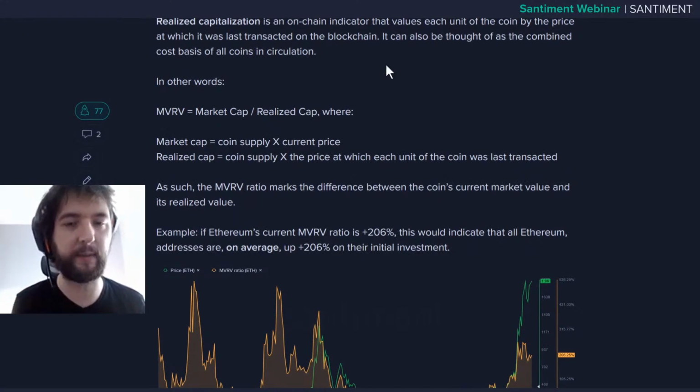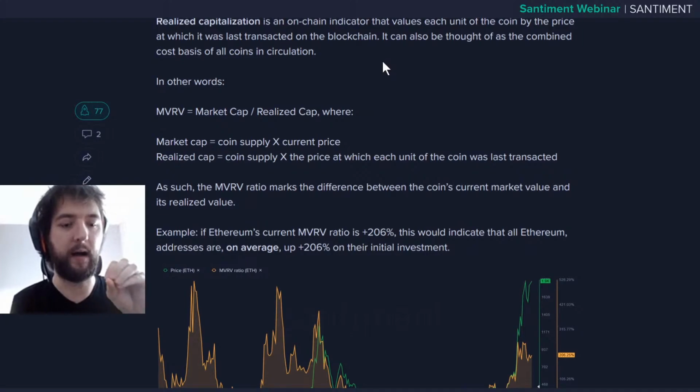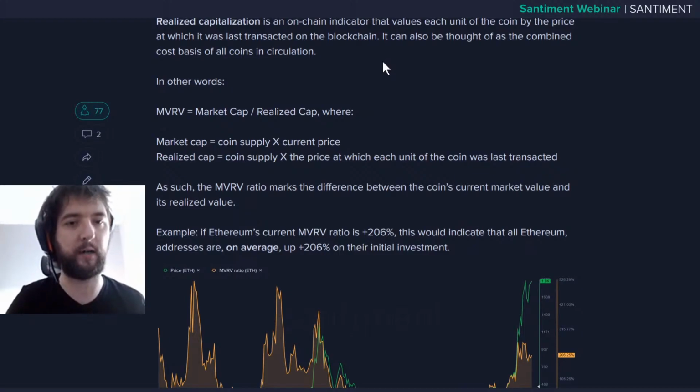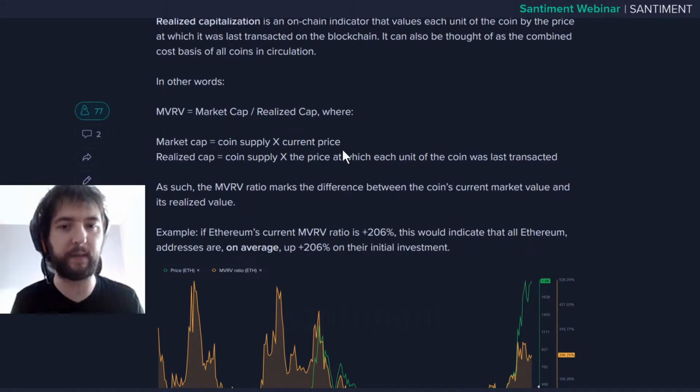In general, realized capitalization is an on-chain metric that values each unit of, let's say, Bitcoin or any coin by the price at which it was last moved on the blockchain, right? So what you get when you combine these two metrics is market cap, which is the total supply of the coin times the current price of each coin.